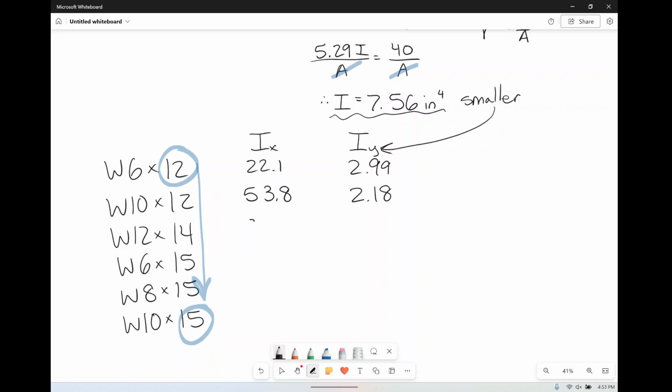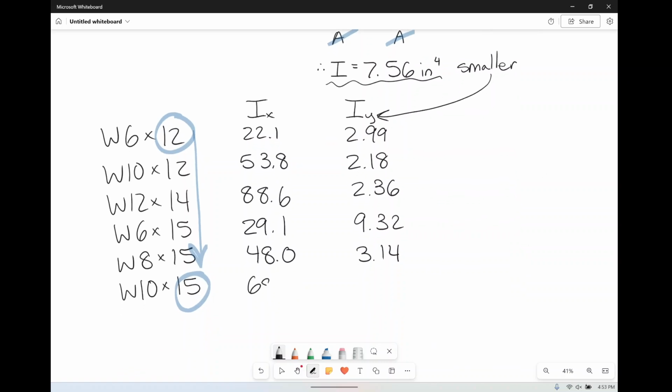For W12x14, I have 88.6 and 2.36. For W6x15, we have 29.1 and 9.32. For a W8x15, we have 48.0 and 3.14. For W10x15, we have 68.9 and 2.89.